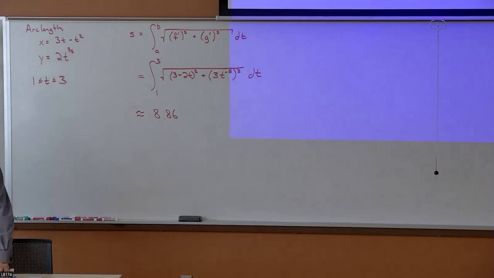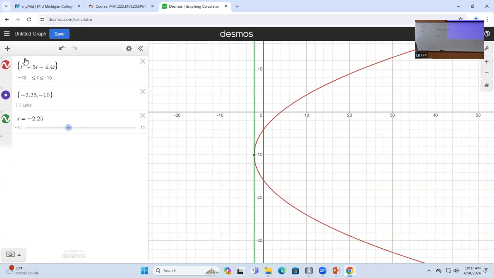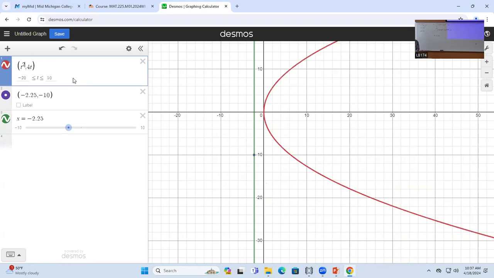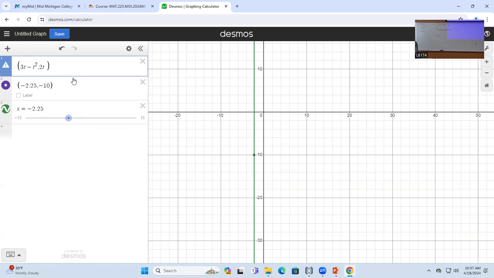Again, let's look at a picture, just so we can understand what we're doing here. We're saying 3t minus t squared, and 2t to the 3/2 power.